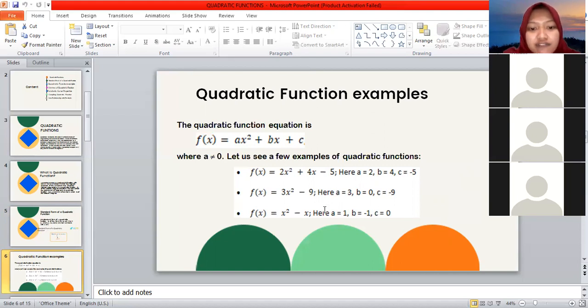Next, f(x) equals 3x squared minus 9. Here, a equals 3, b equals 0, c equals minus 9. And last, f(x) equals x squared minus x. Here, a equals 1, b equals minus 1, and c equals 0.